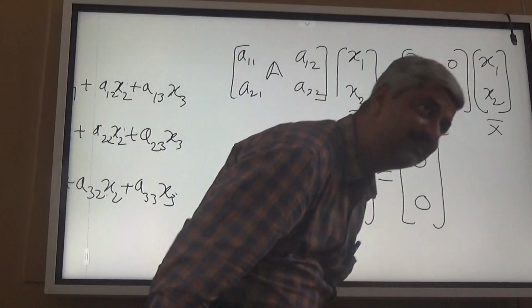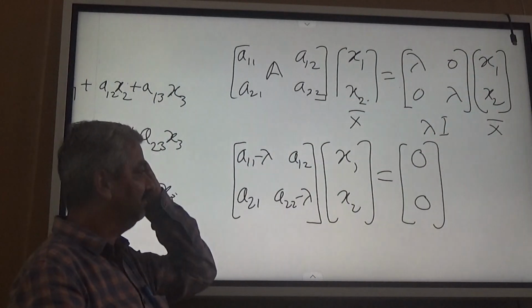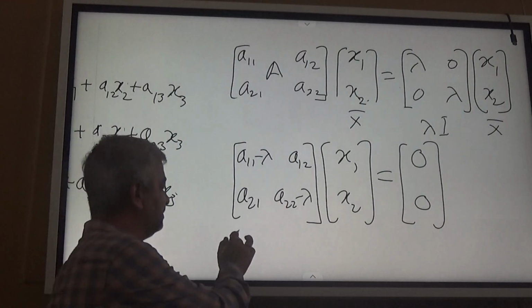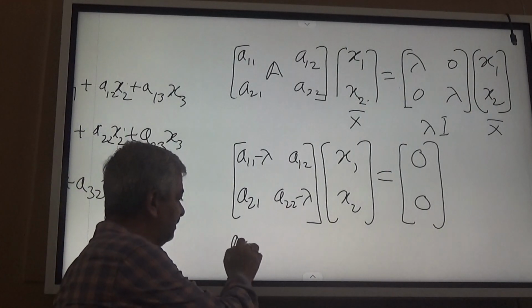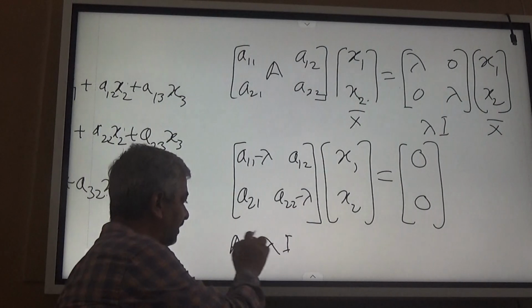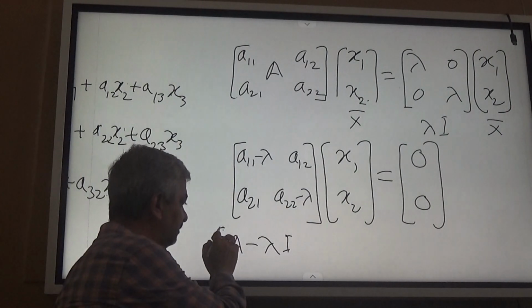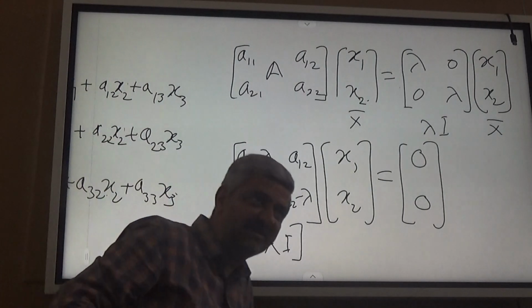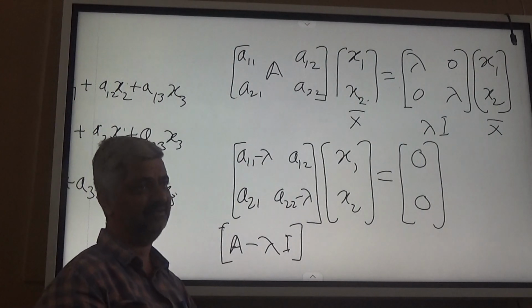Is it right? So this is A minus lambda I, a square matrix.